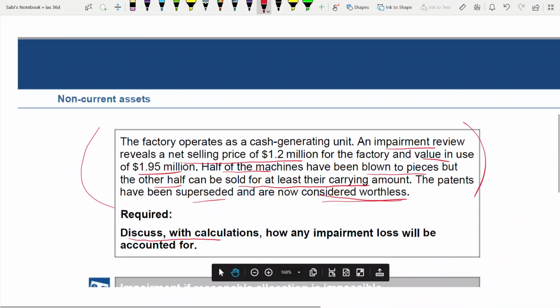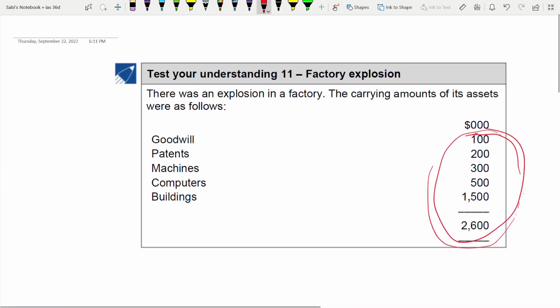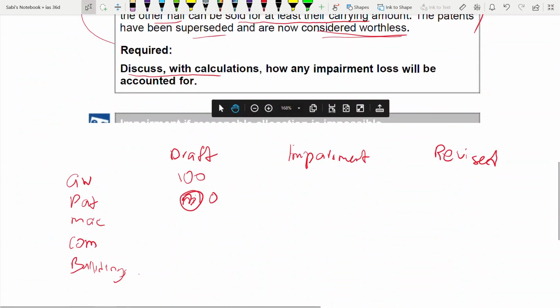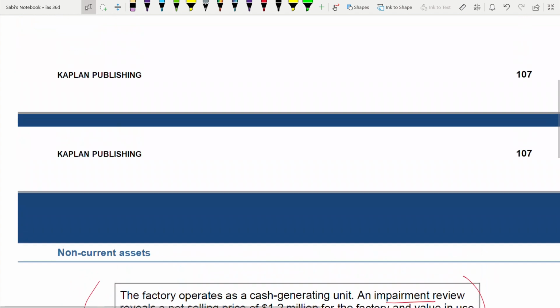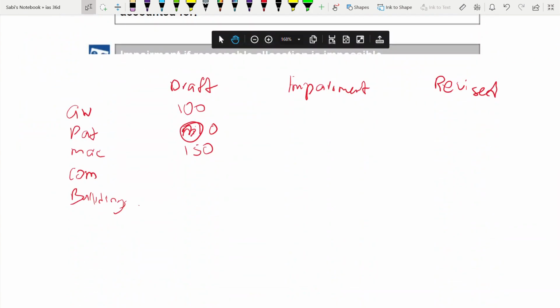Machine is 300, but regarding machine, they told half of the machine has been blown to pieces, but the other half can be sold for at least their carrying amount. So you have to take half of this machine. Half has been blown, that's why. Out of 300, you can only take 150. And coming to computer, nothing happens to computer and buildings. They didn't mention anything. So it's 500 and 1500.